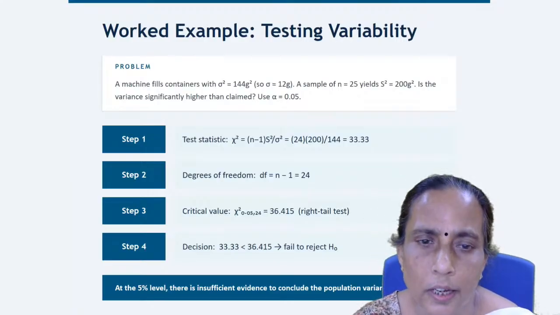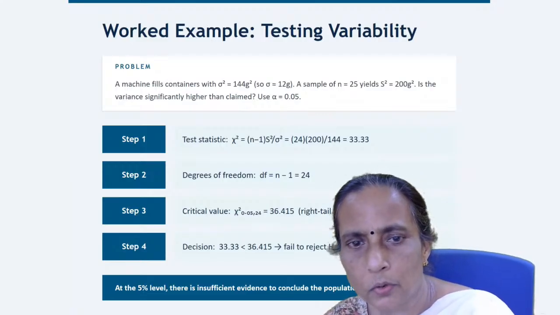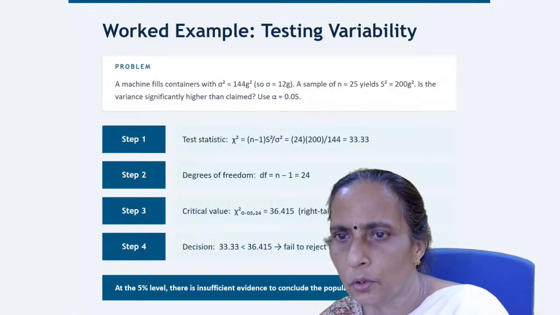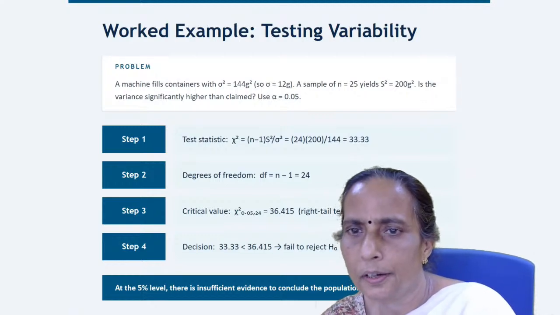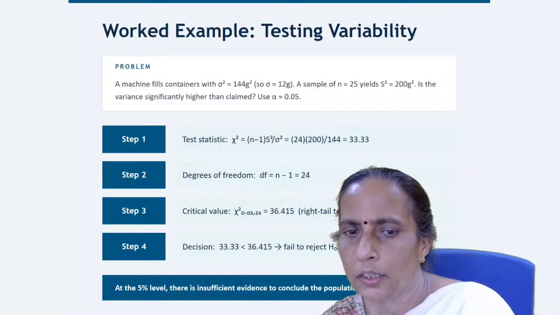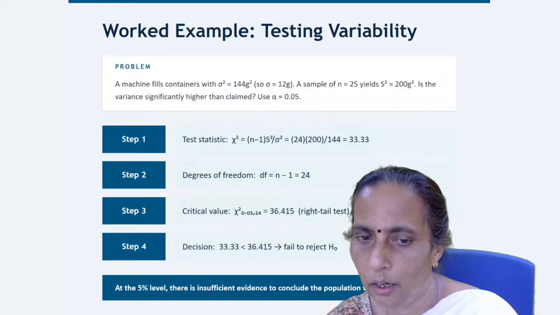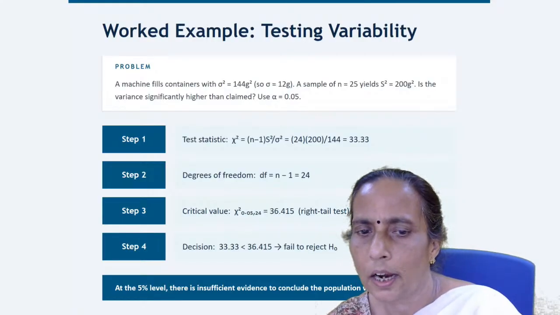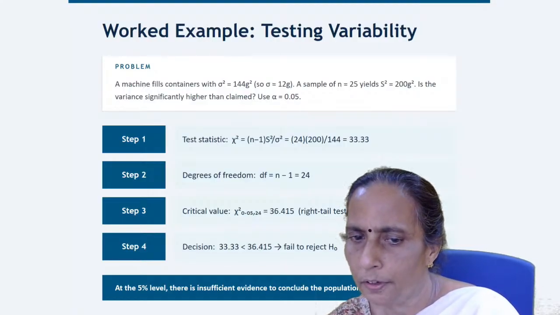Okay. So the test statistic is (n minus 1) s square by sigma square. So n is 25, 25 minus 1 is 24, times 200 divided by 144, that is equal to 33.33. Our degrees of freedom is 25 minus 1, that is 24. So the critical value we get from the chi-square tables: chi-square for 24 degrees of freedom at 5% level of significance.